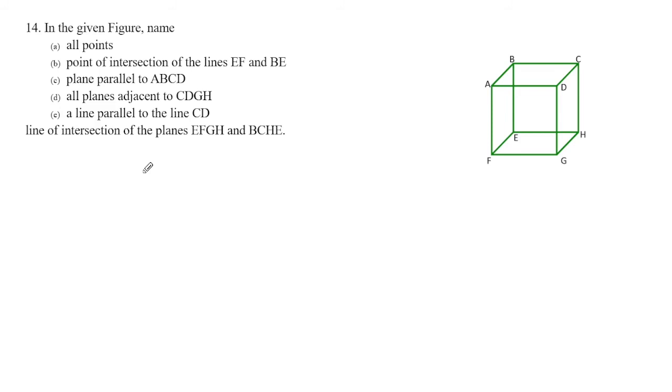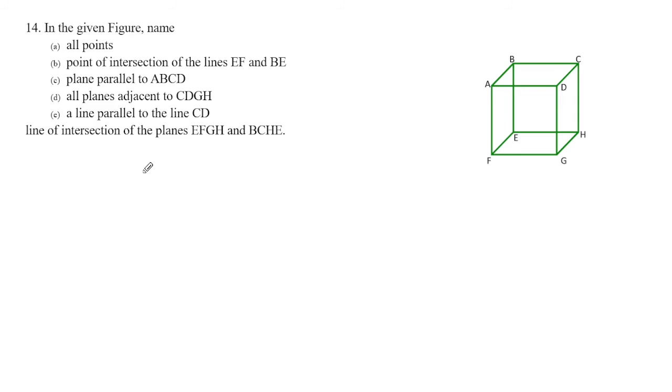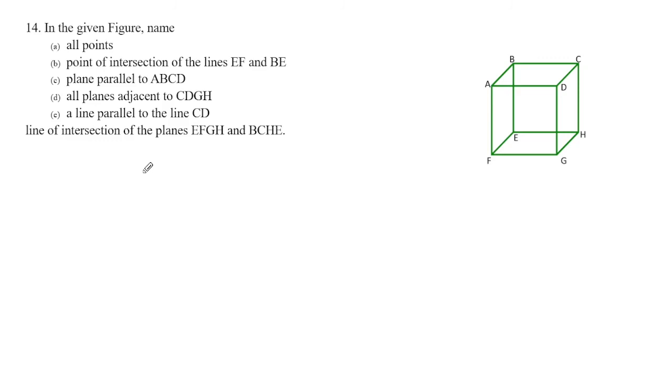Let's take blue and red for now. When they intersect, they have this line in between. Now what is that line is what we have to answer over here.